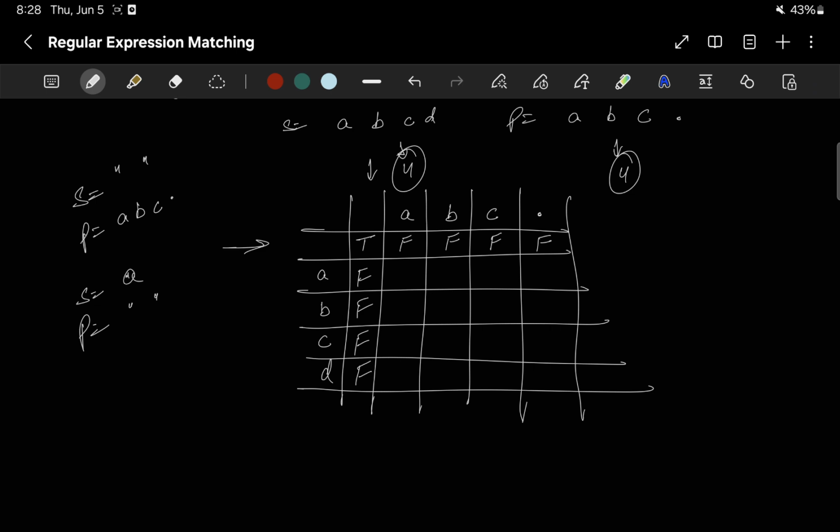Now we compare. At this point, what is P? P at this point is A, right? S is also A. But what we are concerned with is if P of J is star or not. So we know that P of J is not a star.